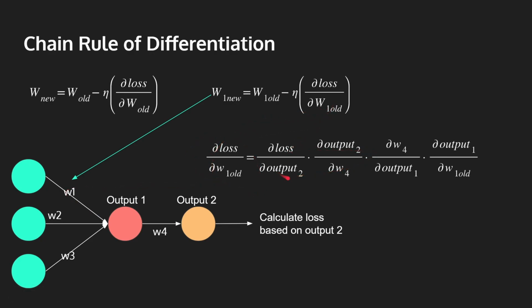You might notice that if these all cancel out, then I can simply write the derivative of loss with respect to output 2 times the derivative of output 2 with respect to output 1, and we can just skip over weight 4 since it's going to cancel out anyways, and then add on the weight 1, right?